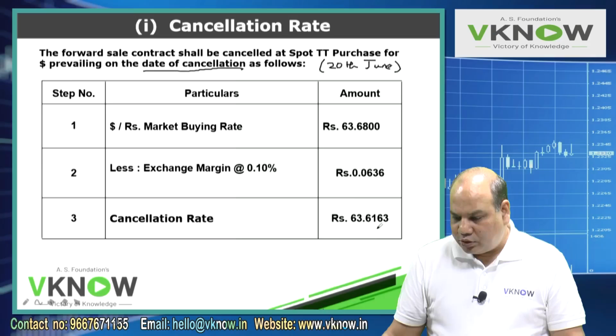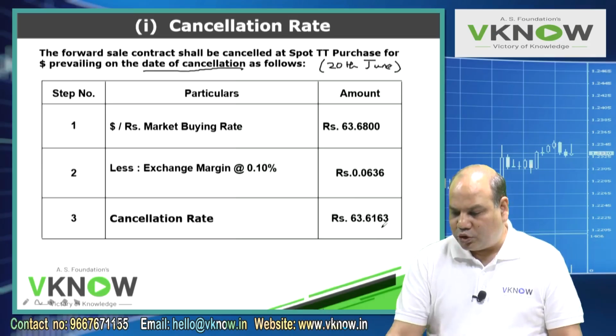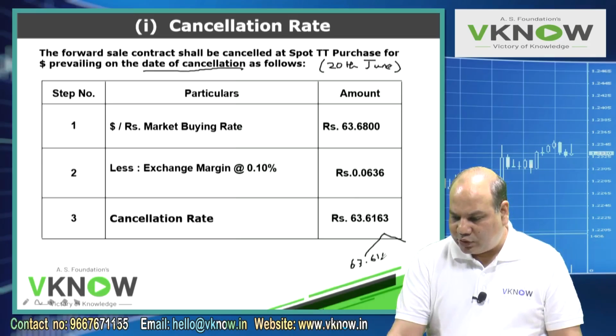Now this is closer to which of the two numbers? I am asking you a question. Is it closer to 63.6150 or is it closer to 63.6175? 6150 or 6175?